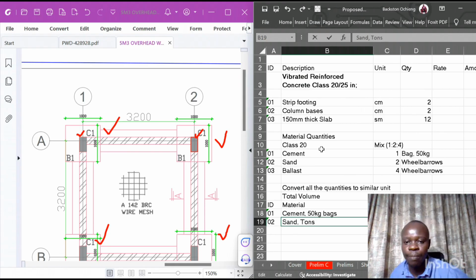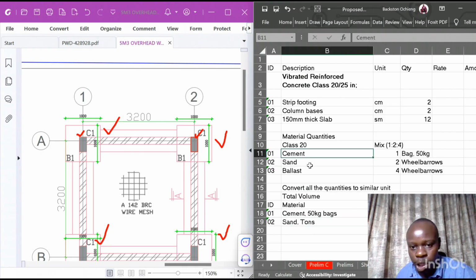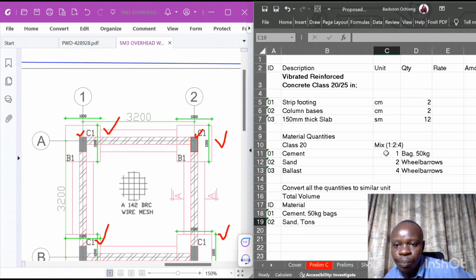Now the sand here we should be talking about in tons. According to the ratio, for every 1 bag of cement we are supposed to consume 2 wheelbarrows of sand.